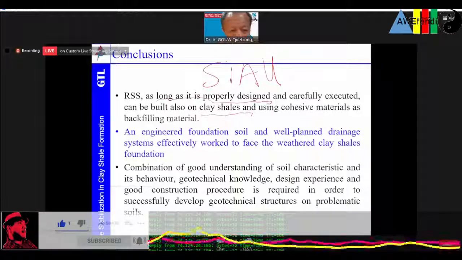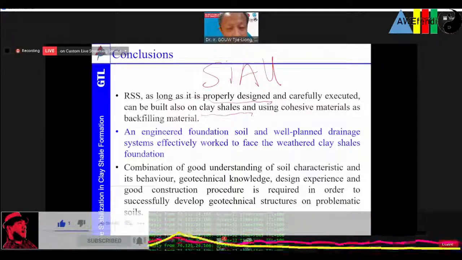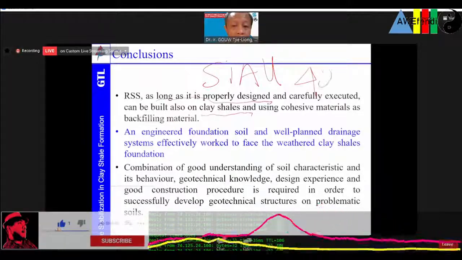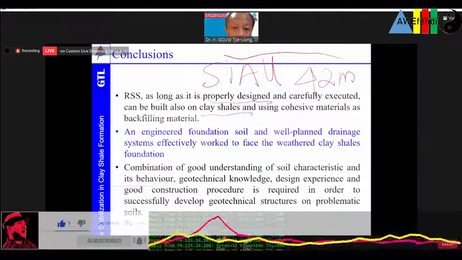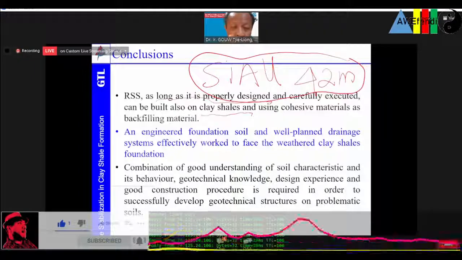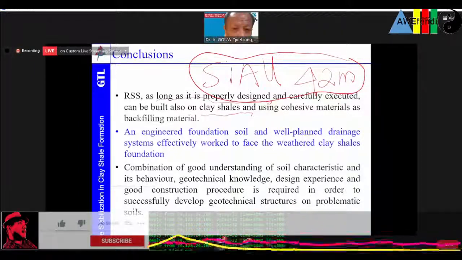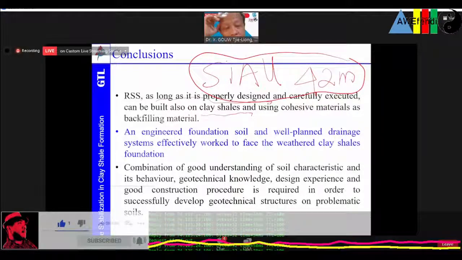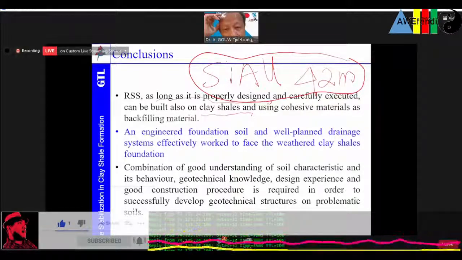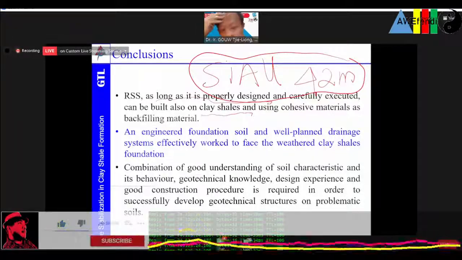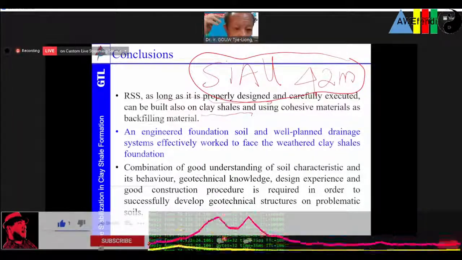A similar system was adopted for a 42 meter high slope, the highest I have ever designed and not built. I was only the design consultant, but part of it was under my engineering supervision, at least at the very beginning of the project.